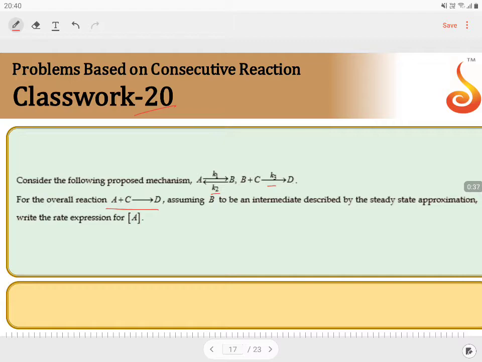Assuming the steady state approximation, we have to write the expression in terms of A. But what do you mean by the steady state approximation?